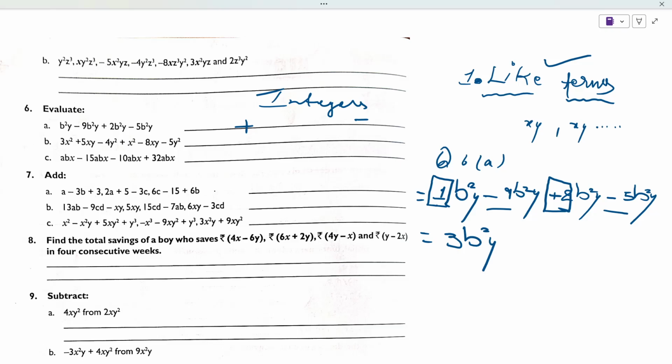Then for the negative numbers, we have minus 9 and we also have minus 5. Here the minus and minus are written together, not multiplying. Minus 9, minus 5. If both numbers are negative, we do the work of addition.